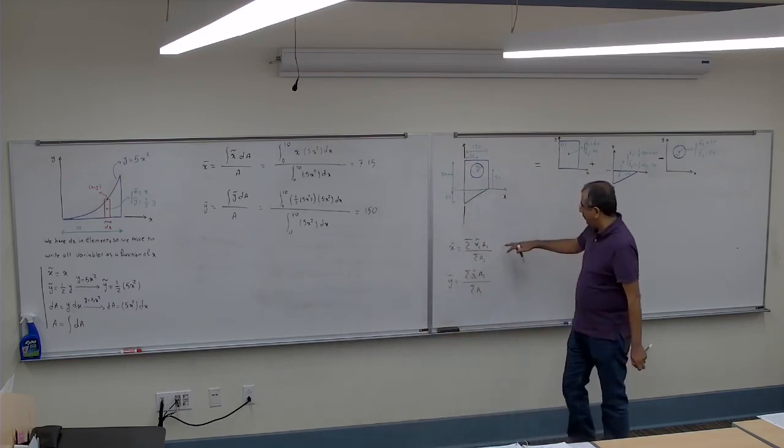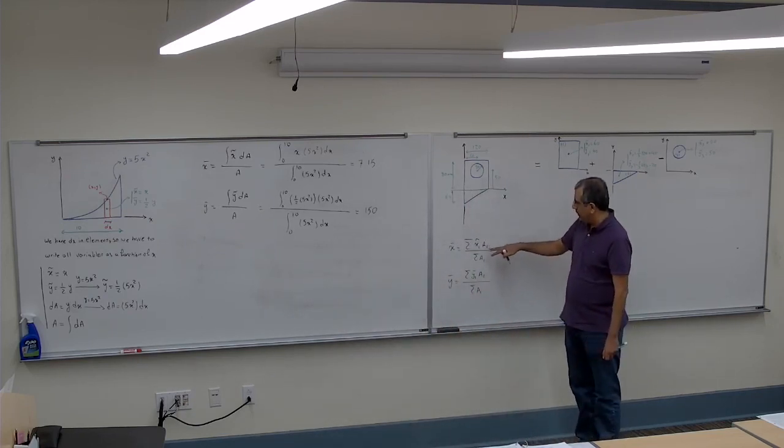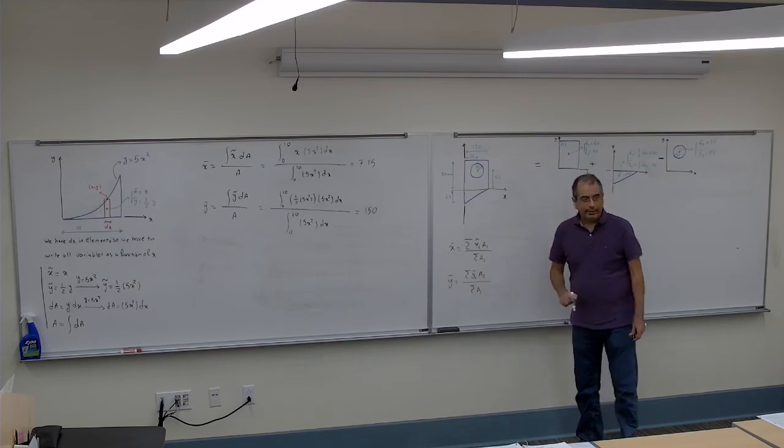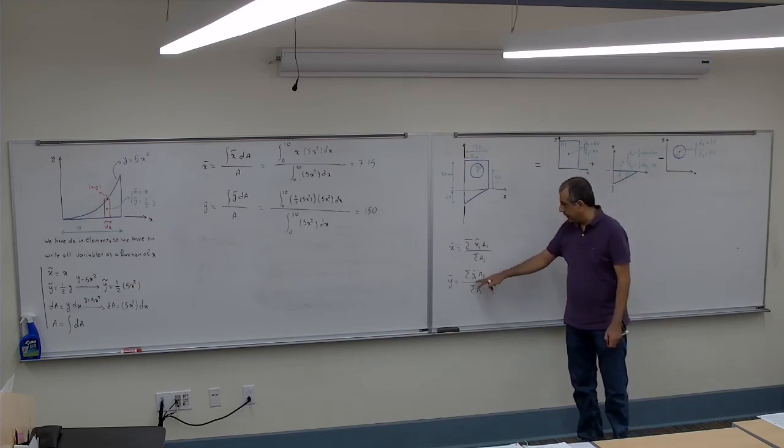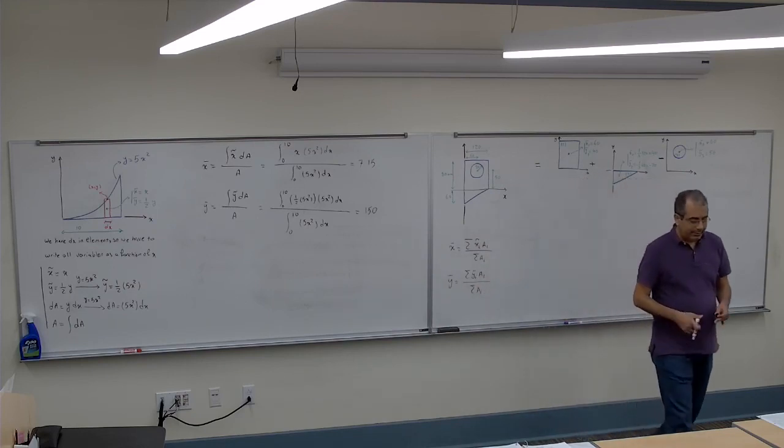So I have to find all the Ai and all the x tilde i Ai and add them together, and the same here, all the Ai, all the y tilde i Ai, and add them together.